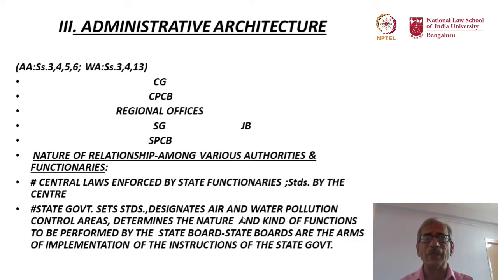Well, you know that each and every state will have its own unique requirements. So, to give that elbow space, rules can be framed by the states also, but make sure that the rules made at the state level should not go beyond what the rules and the statute at the central level are made. So, it is within that frame of the central act and the central rule that the state rule should be framed.